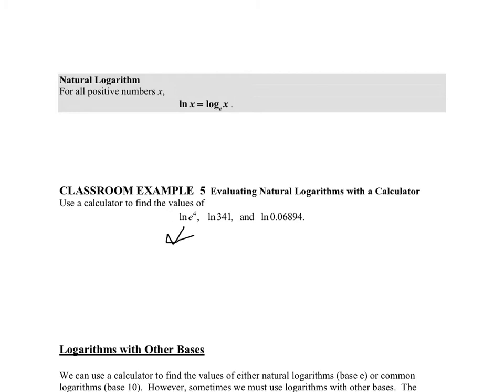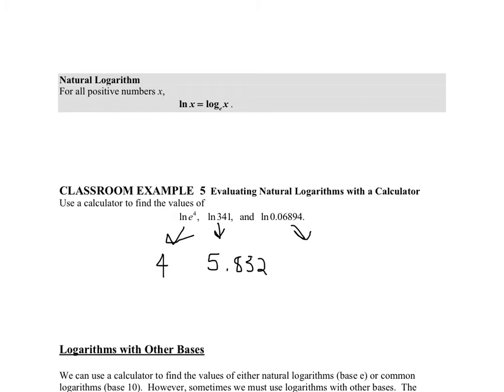But if you type this into your calculator, you will see that the natural log of e to the fourth will just be 4. But look at this one. Remember, a moment ago we took the log of 341. See what the ln, the natural log of 341 is. It's a larger number. It's 5.832.